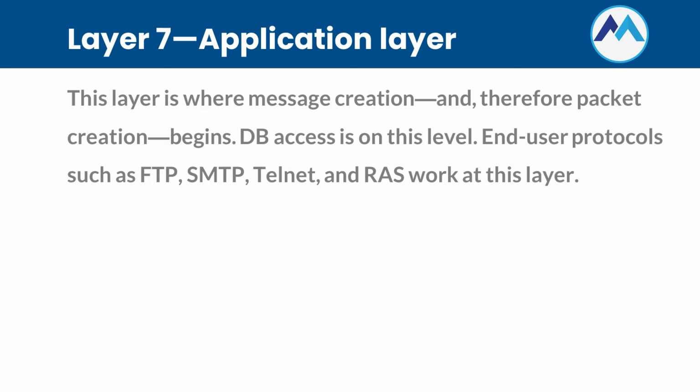This layer is where message creation, and therefore packet creation, begins. Database access is on this layer. End-user protocols such as File Transfer Protocol, Simple Mail Transfer Protocol, Telnet, and RAS work at this layer. For example, suppose you are using Outlook Express. You type a message and click send.